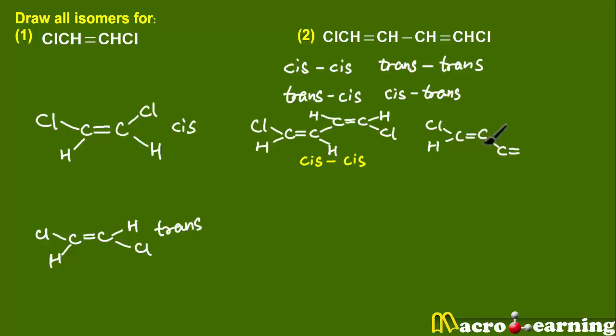That makes this one a trans configuration. Now for this second one, it's trans also. That means this big guy and chlorine again are on different sides of this double bond. Okay. That makes the second double bond a trans configuration. So this is going to be a trans.